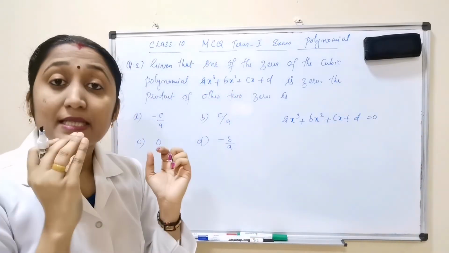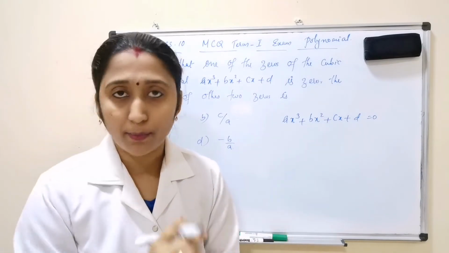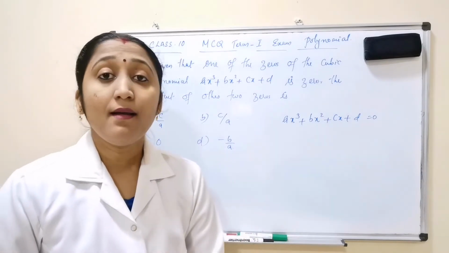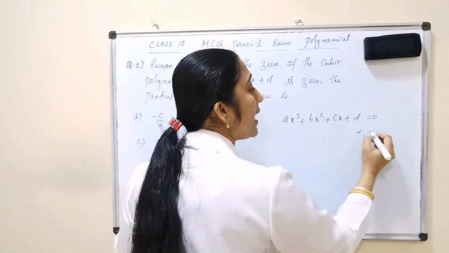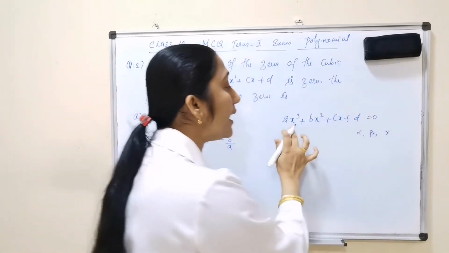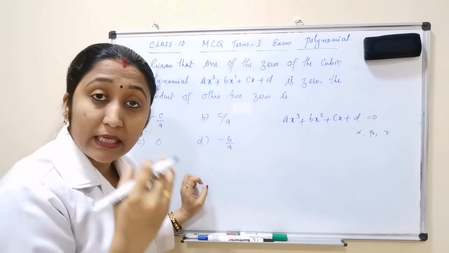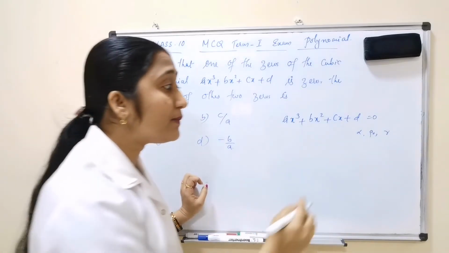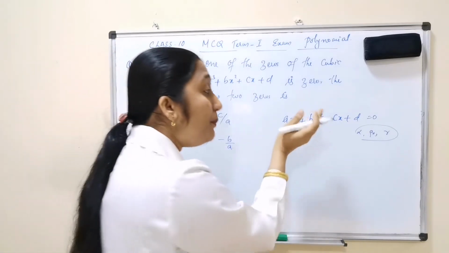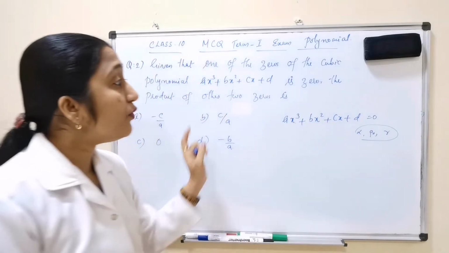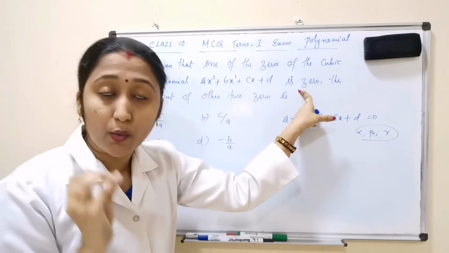Because the degree is 3, the zeros are three: alpha, beta and gamma.